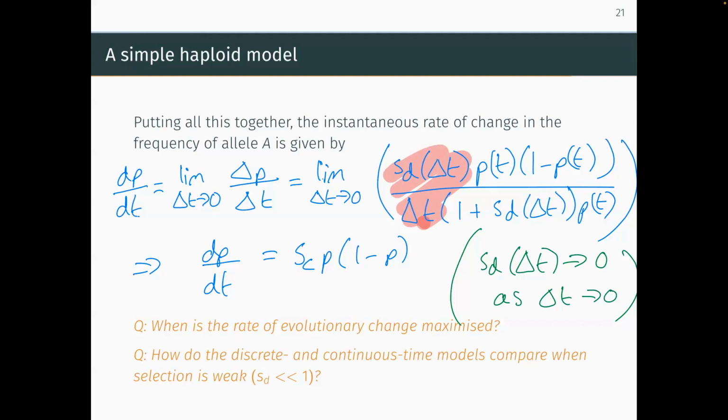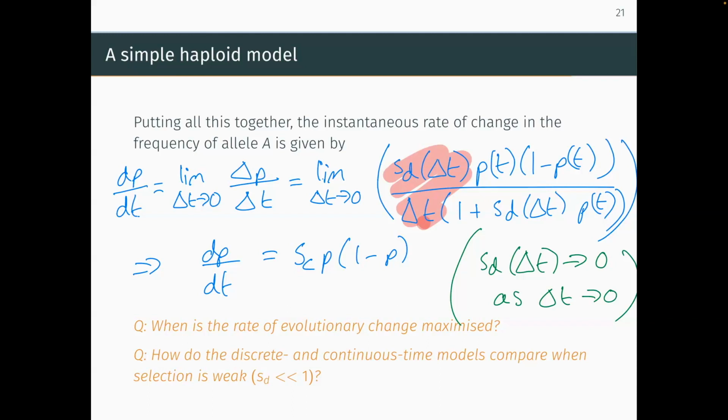I realize I've got an extra bracket in here. Apologies. That bracket there should not exist. That parenthesis should go on the outside here. So this S_D of delta t was multiplied by the p of t. Apologies for that.